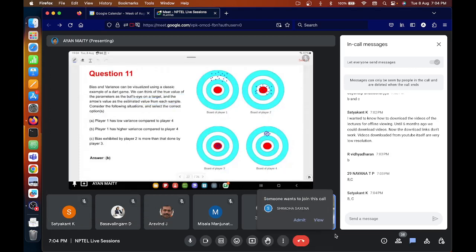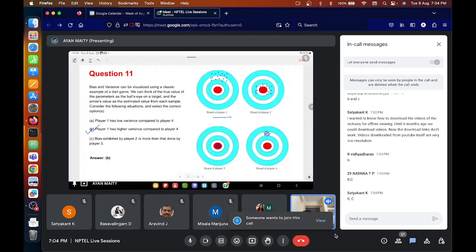The correct answer here is option B only, not B and C. Some of you have said B and C, but the correct answer is only option B. For player 1, bias basically means the error in prediction, how far the predicted values are from the actual target value.